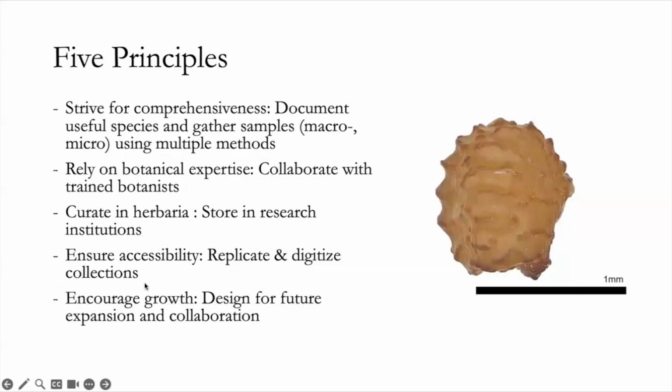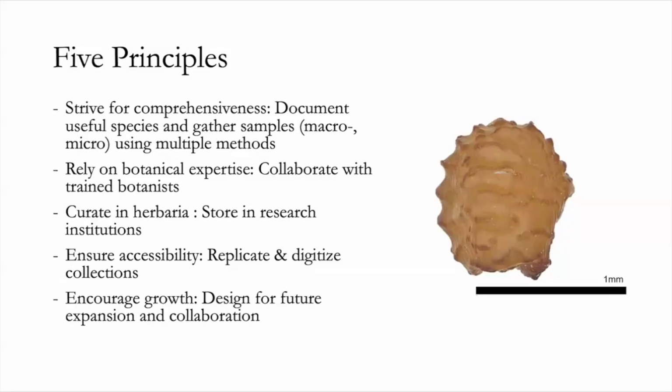We wanted to curate in herbaria. Herbaria are basically plant libraries, is one way to think of it. Leaves and flowers of a plant will be slowly dried, mounted on a piece of archival paper, and then organized and curated over the long term and available to researchers.